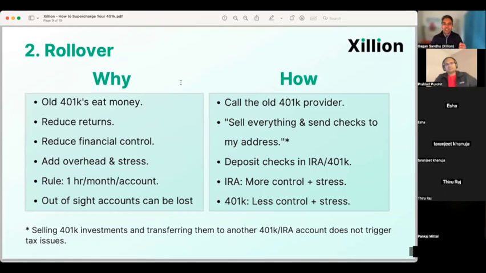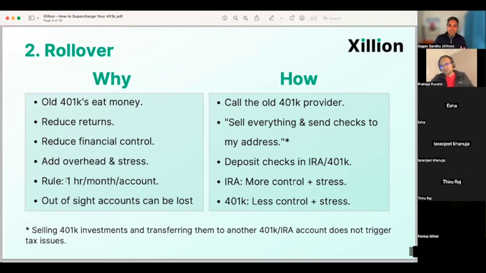Old 401ks are designed in such a way that 401k providers like Schwab and Fidelity and Prudential give really sweet deals to employers so they can use their product. But when an employee leaves, that employer is not on the hook for that employee. So they relegate you into less healthy funds, and that eats up money and reduces your returns. It reduces your financial control and adds stress.